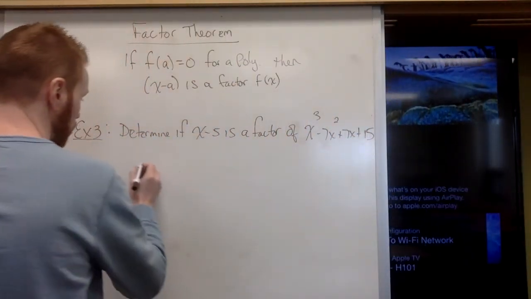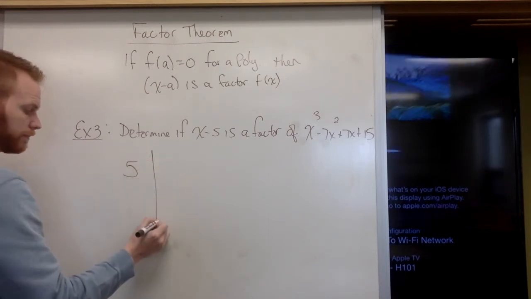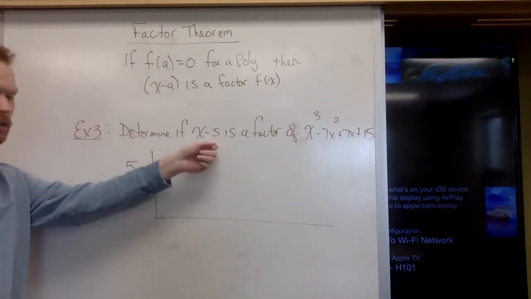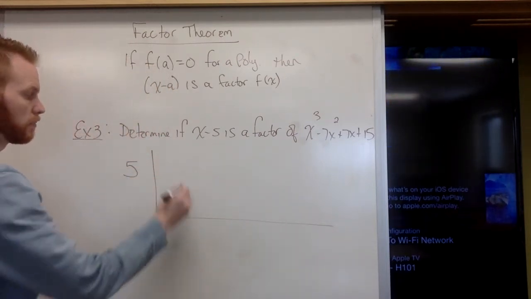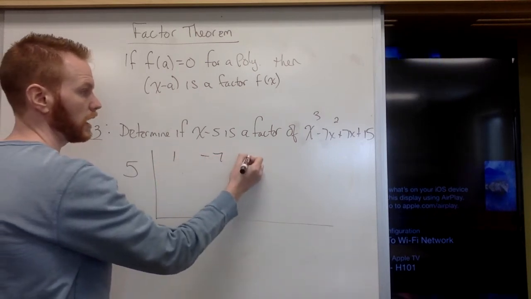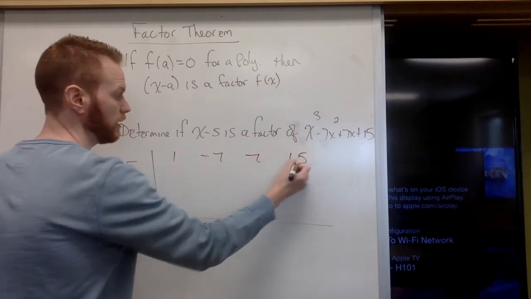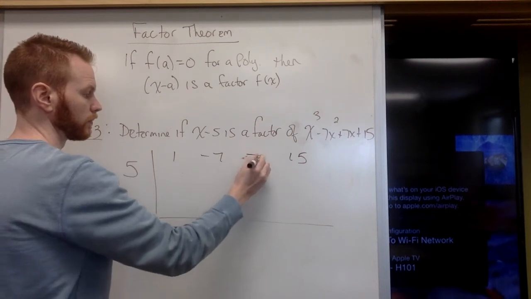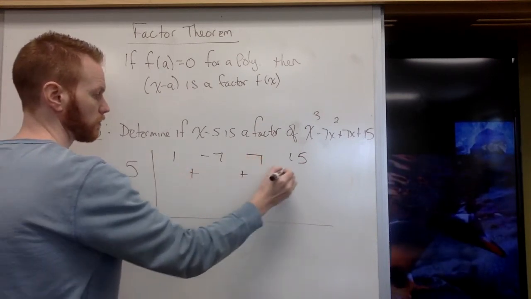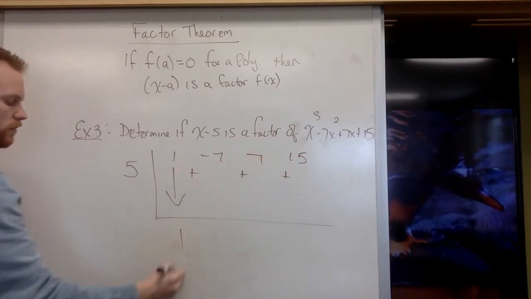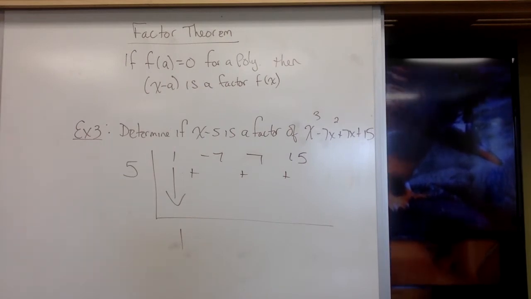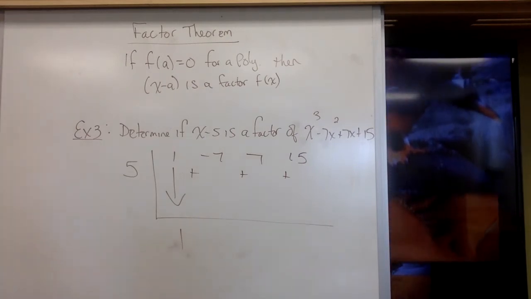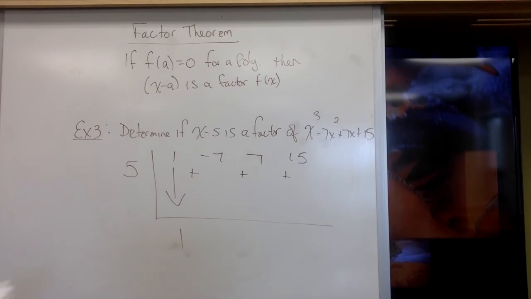Okay, let's go ahead and set up the synthetic division problem. Okay, always take the opposite of this guy, so it's 5. Put the coefficients down: 1, -7, 7, and then 15. Okay, we'll put some plus signs here, and we carry down the very first value. All right.